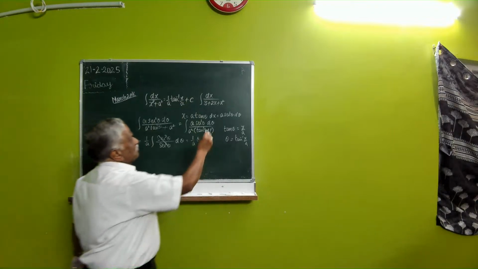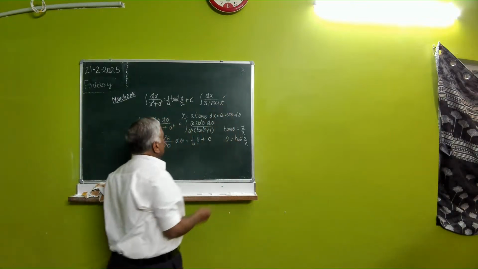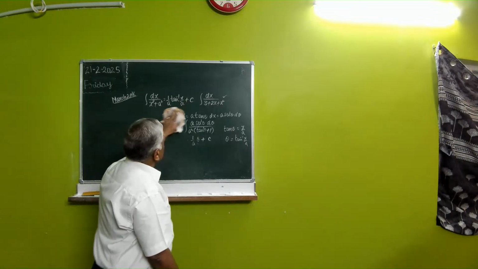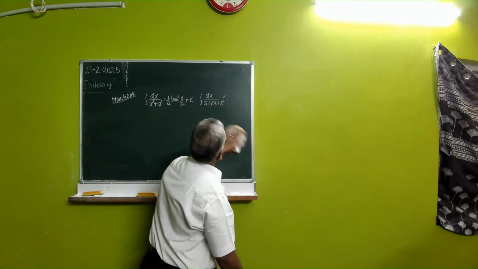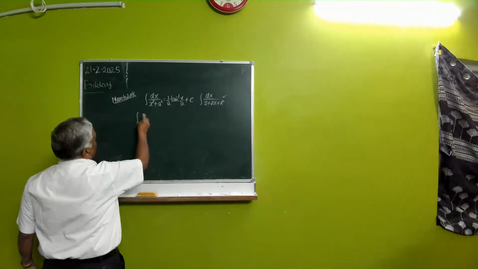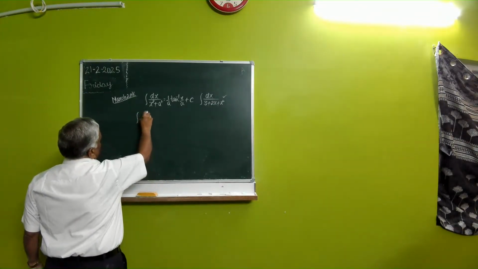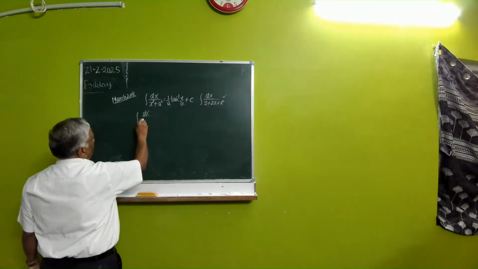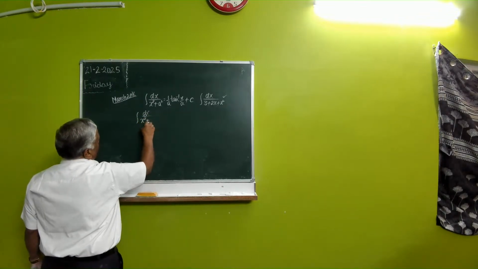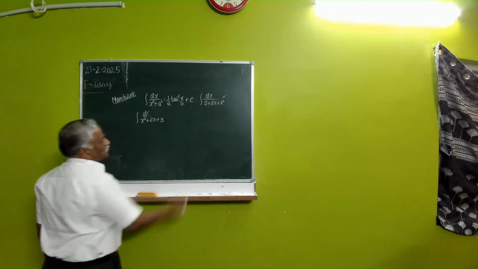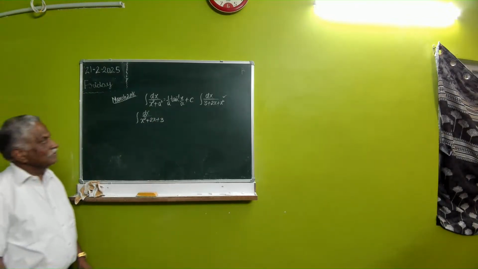Now we have got to work this problem. What's the method? Completing square method. So you can write this as dx over x square plus 2x plus 3. Just to confuse you, they have given it in that format.